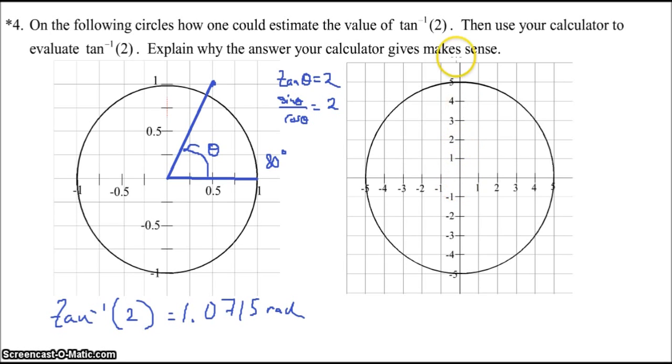So if we go up 1 radius length here, then we have to go over a half radius length, which would give us the exact same line, the exact same value of theta.